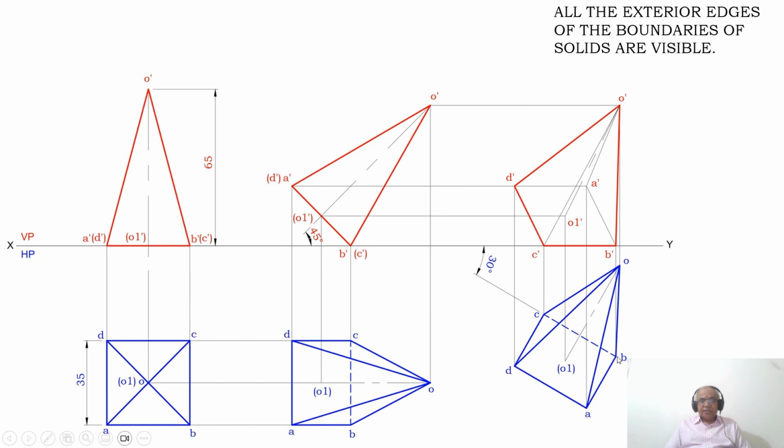Similarly, you do the same exercise with reference to the point B. With reference to this BC, you draw a perpendicular. Then you measure the distance from B to A, which is the same as from C to D. Similarly, you transfer from B to A and then from C to D.